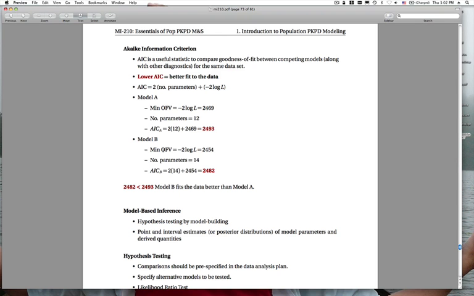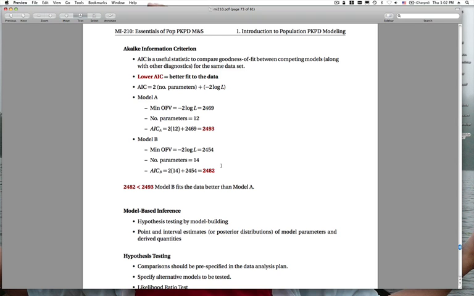Model B, on the other hand, has a slightly lower objective function, 2454, but to do that, it required 2 more parameters, 14 parameters now. We calculate the AIC for Model B, and that results in 2482. Well, even though there's a penalty for those 2 additional parameters, the AIC as a criterion identifies that Model B fits better than Model A.